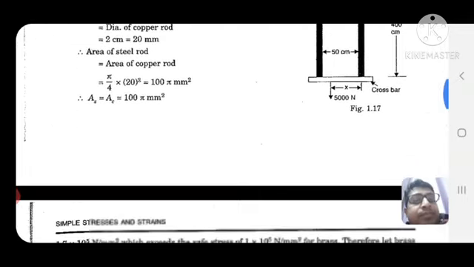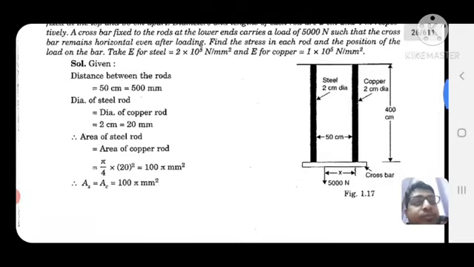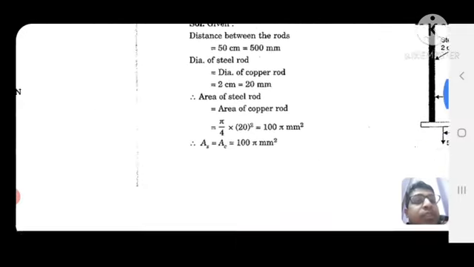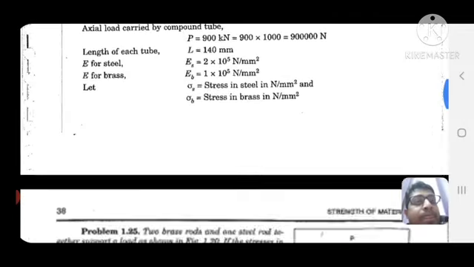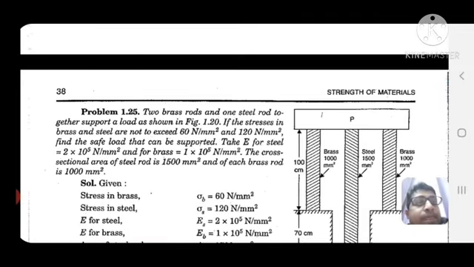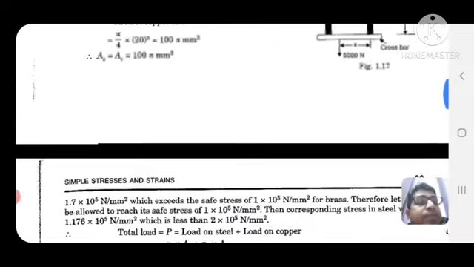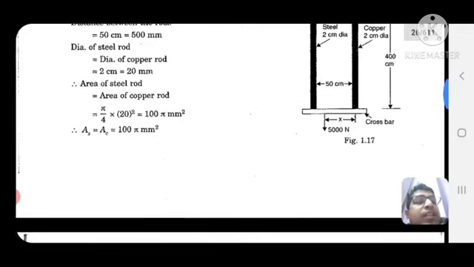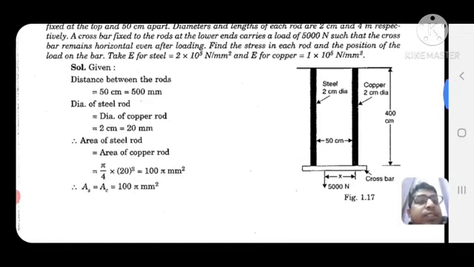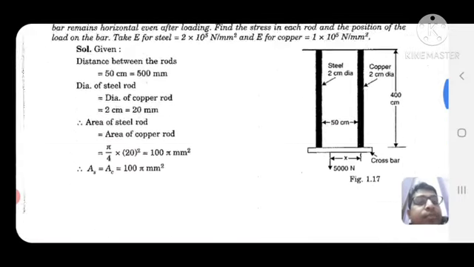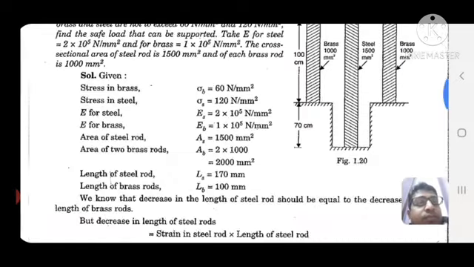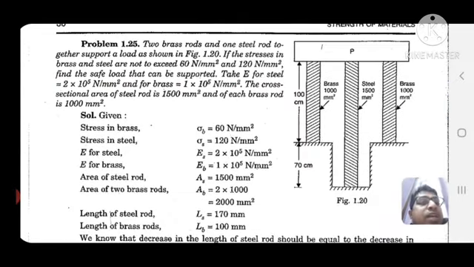So now another problem. Two brass rods and one steel rod together support a load as shown in the figure.